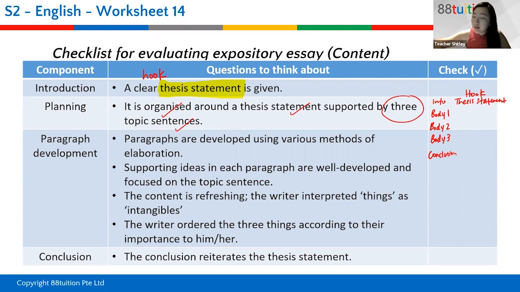And then your body 1 has to be, okay, all 3 body paragraphs must have topic sentences. So the body 1's topic sentence can be that with the advancement of technology, companies are able to advertise their products on social media platforms, right?